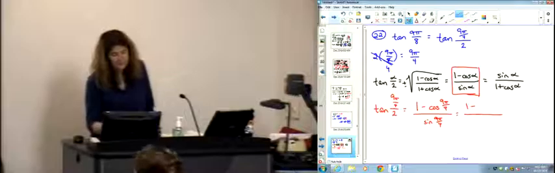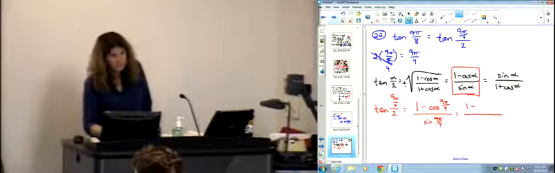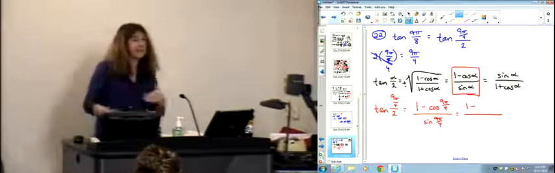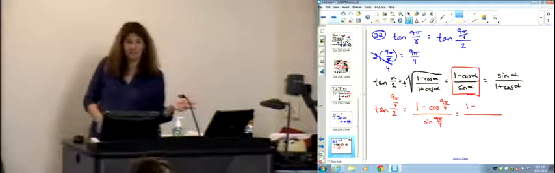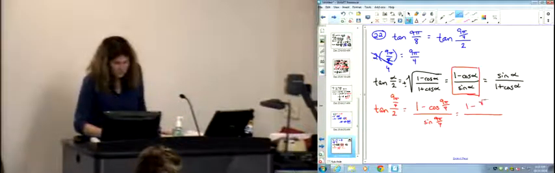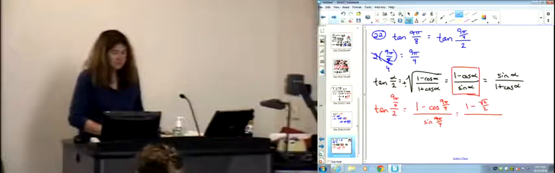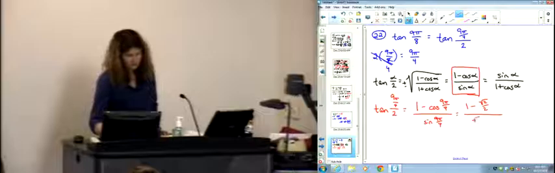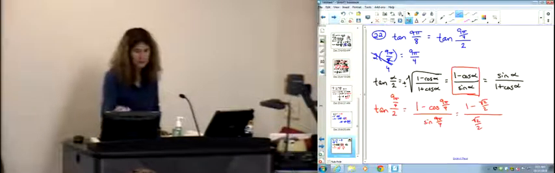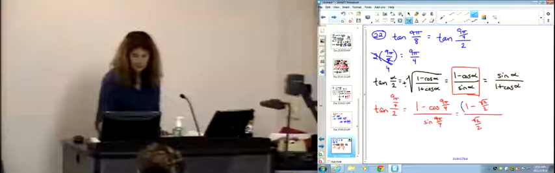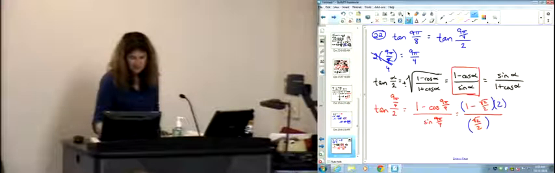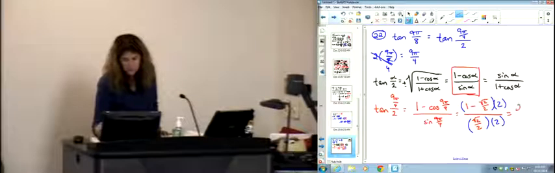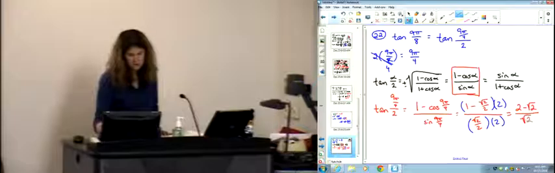The cosine of 9 pi fourths then is what? If we're ending at the same place as pi fourths, right? Does that help? Square root of 2 over 2. Down in the denominator, what's the sine of 9 pi fourths? Square root of 2 over 2. What am I going to do with this mess? Multiply by 2. That's a good process, isn't it, to use? Equals 2 minus the square root of 2 over the square root of 2.